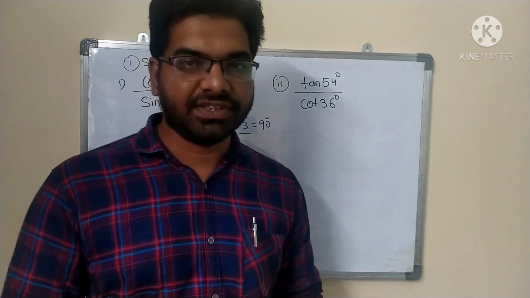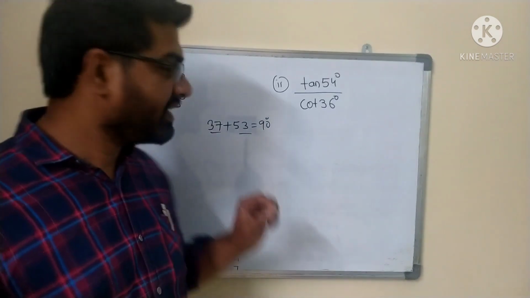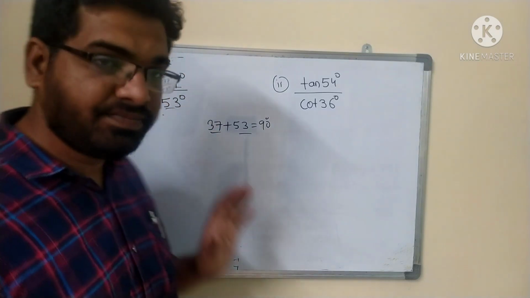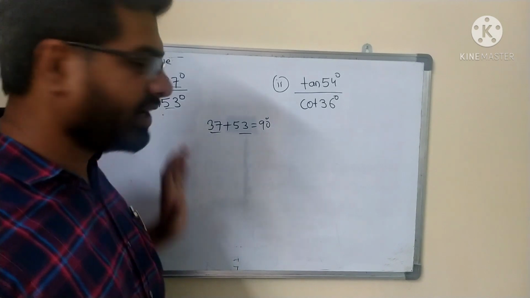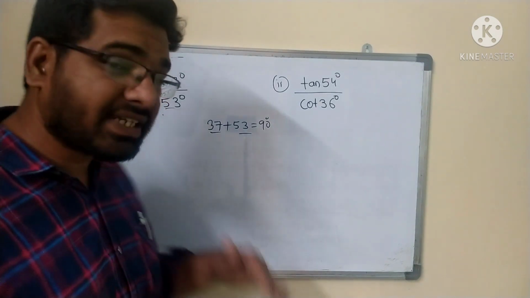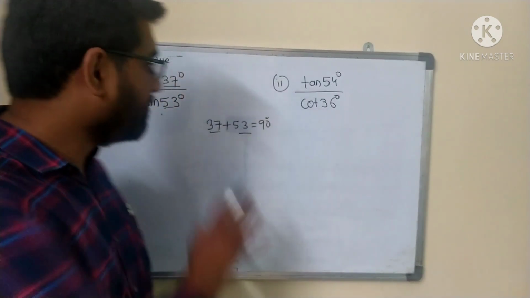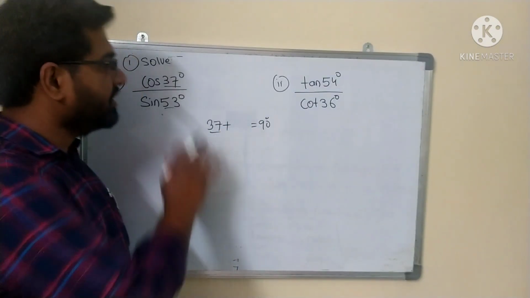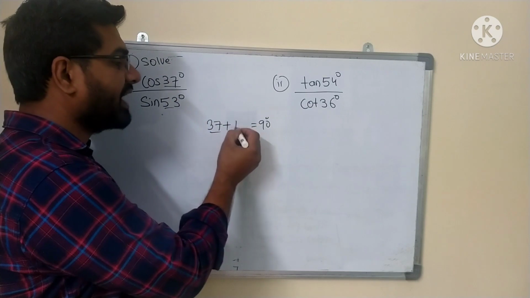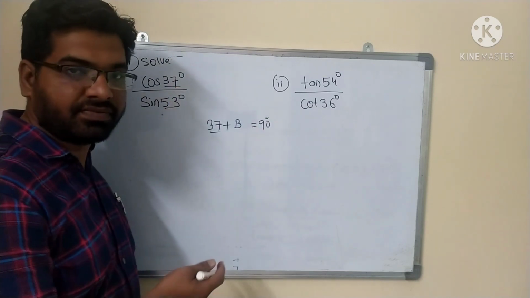Now we will solve it here. What do I have to do? I have to change the numerator or denominator also. But I will change the numerator to cancel the denominator. अब देखिए न्यूमरेटर में क्या है यहाँ 37 है, right? Then what is the complementary angle of 37 here?